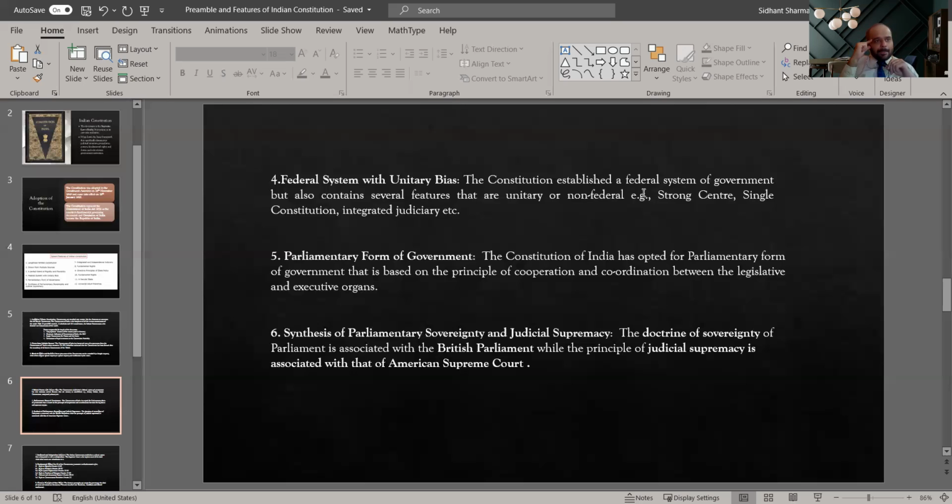The main idea behind that was that we needed a strong hold. Although the presidential form provides a strong hold, the parliamentary form of government provides more representation.